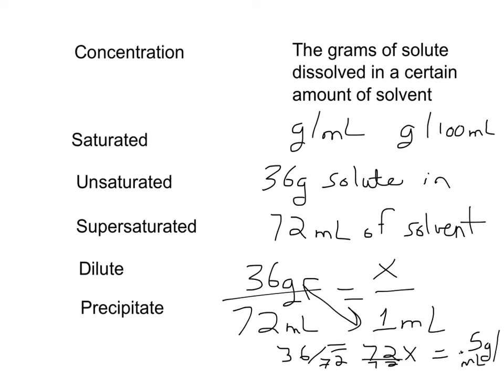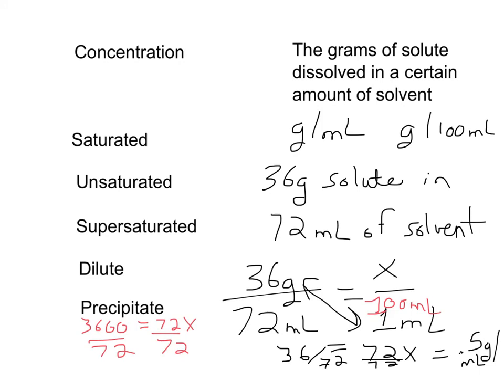I could do the exact same thing if I wanted to know how many grams dissolve out of 100. The difference would be, instead of 1 milliliter on the bottom, I'd write 100 milliliters. Then when I cross multiply, I get 3600 equals 72x. Divide both sides by 72, and now instead of 0.5, I get 50.